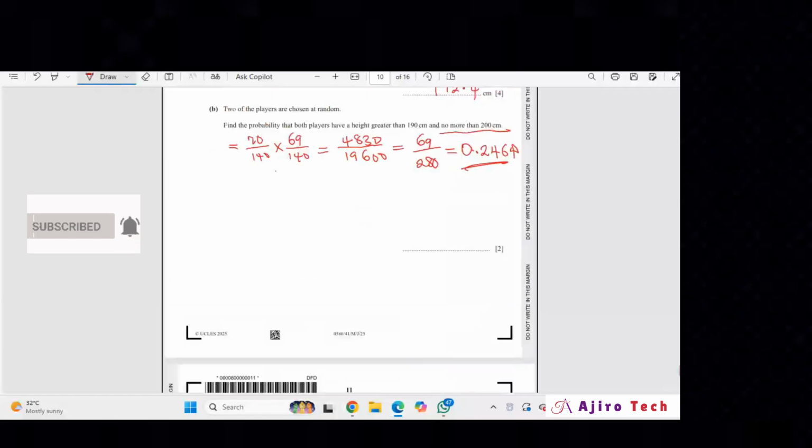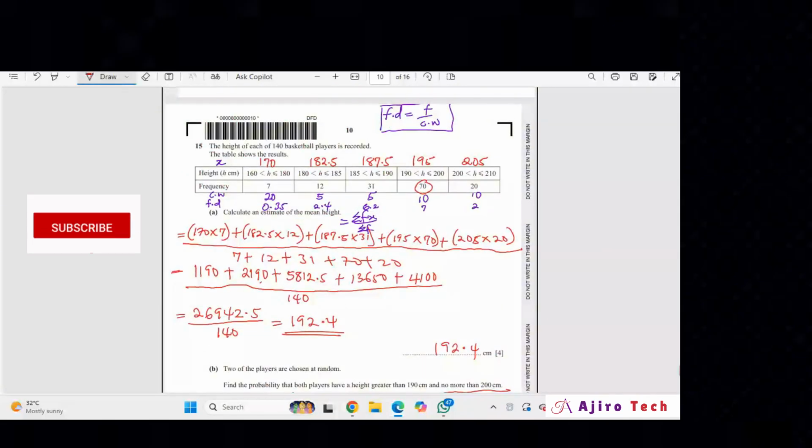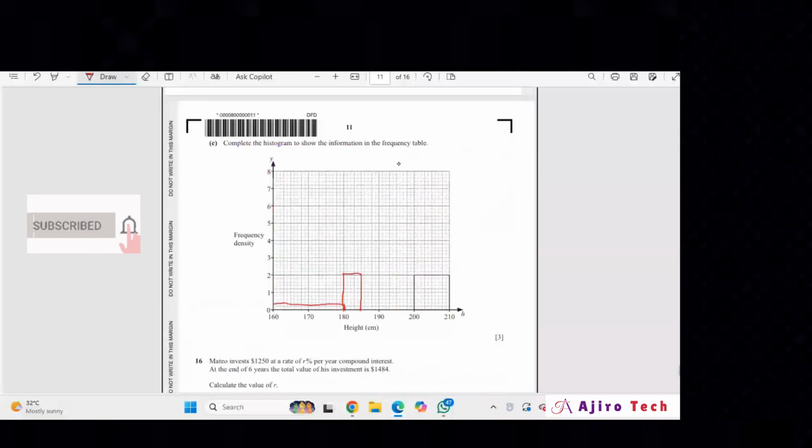The next one is 6.2. 6.2 is going up to here. So this is the next one.